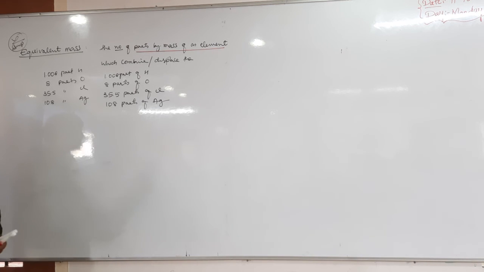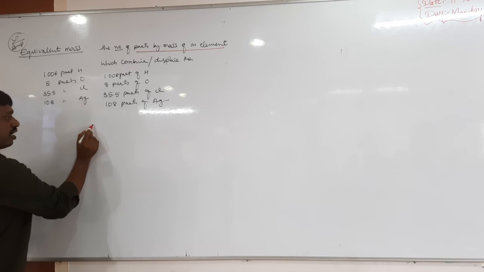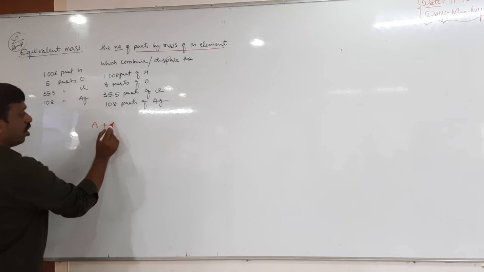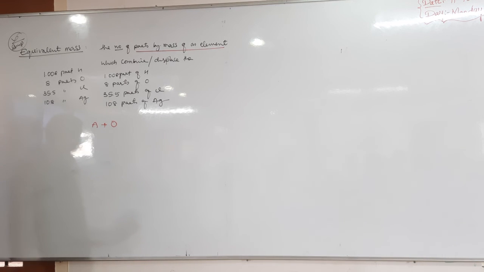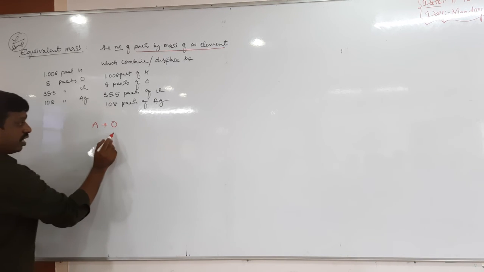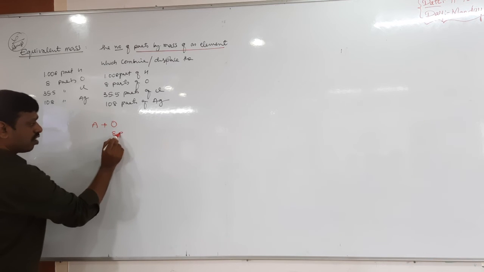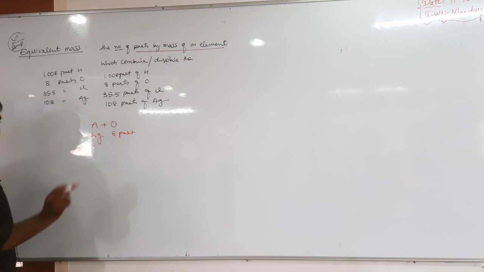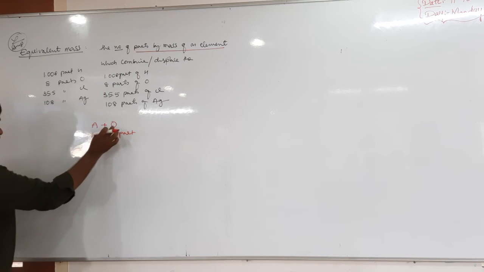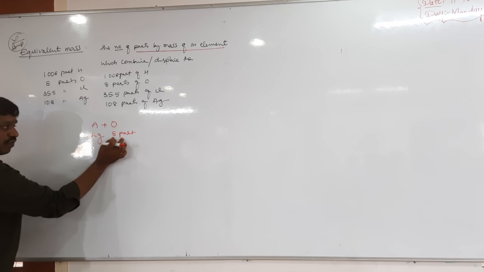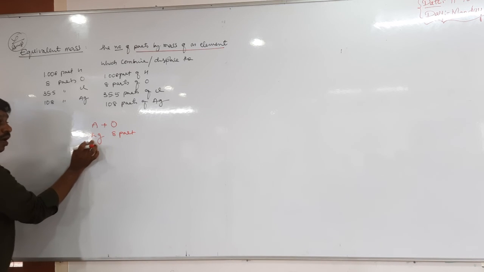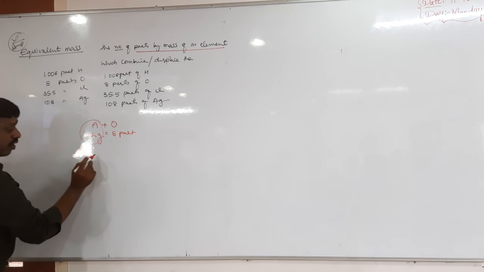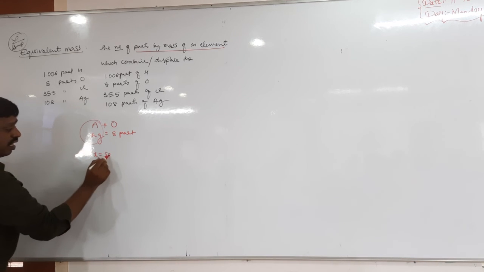For example, imagine there is an element A and another element is oxygen. Let us take 8 parts of oxygen combining with X parts of A. Then this X part of A is called what? Equivalent mass.